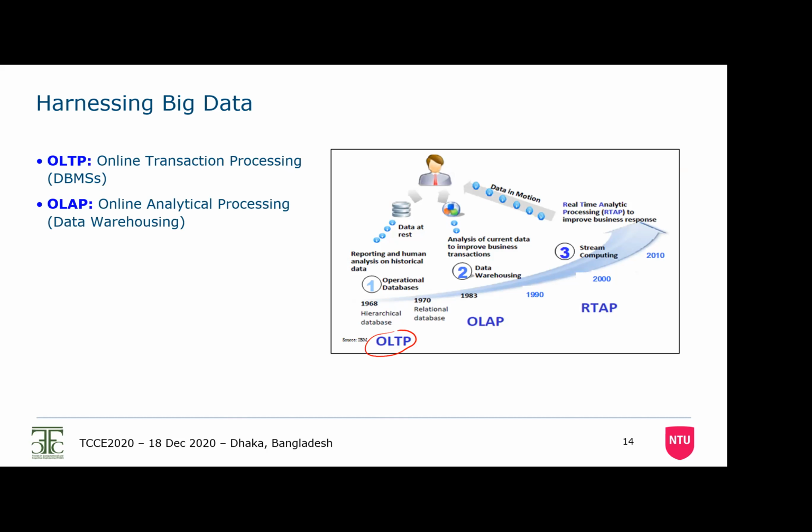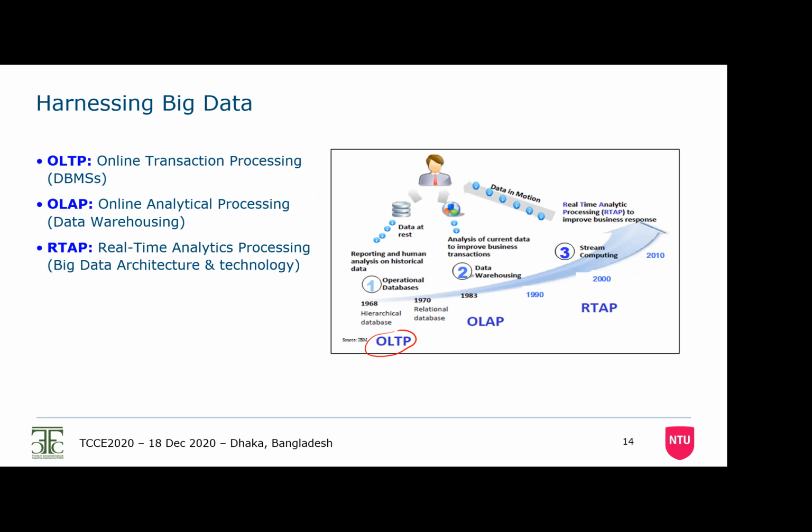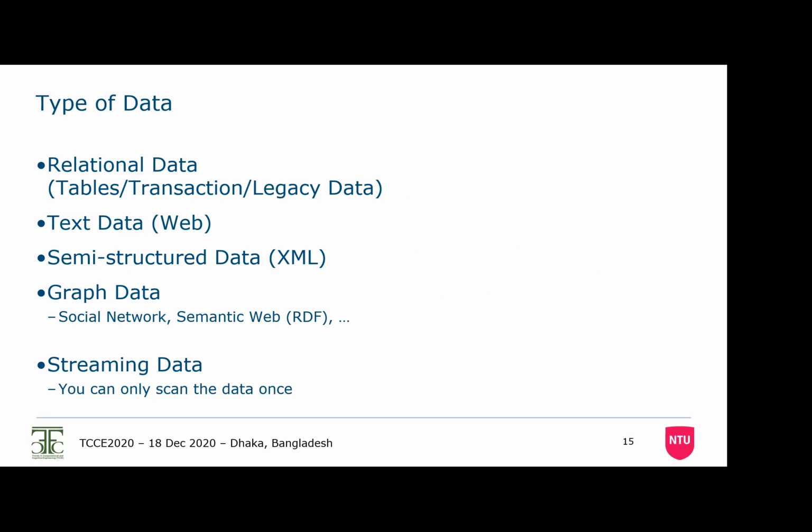From there we moved gradually to data warehousing in the late 1980s, and now we are talking about, as I mentioned, stream computing or stream processing, which is real-time analytics processing, or RTAP. All these have contributed to data generation, and finally RTAP is the one which is mostly responsible for the generation of big data.